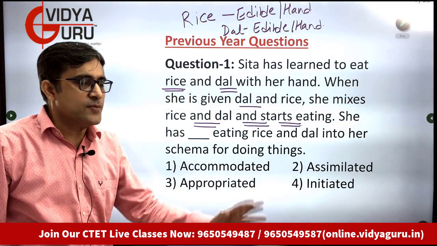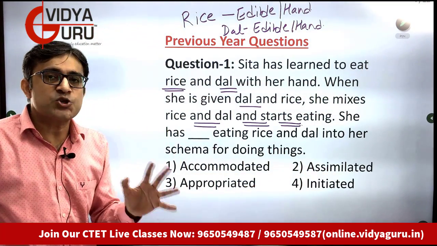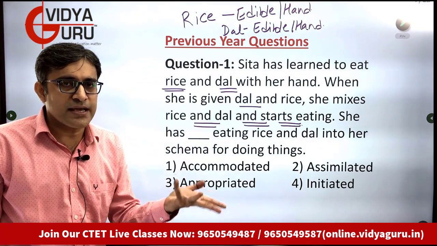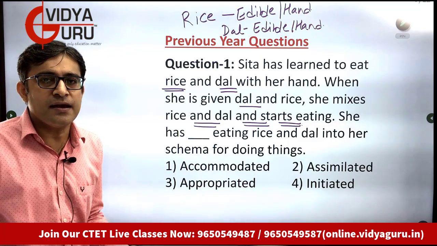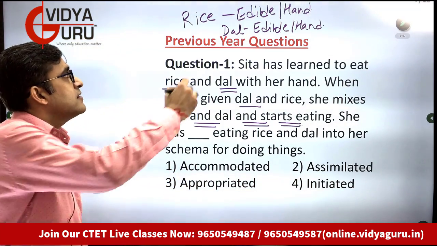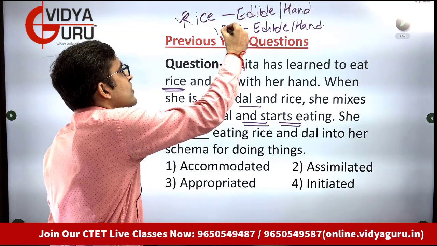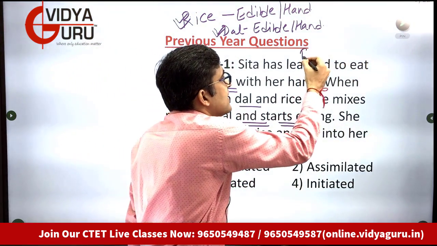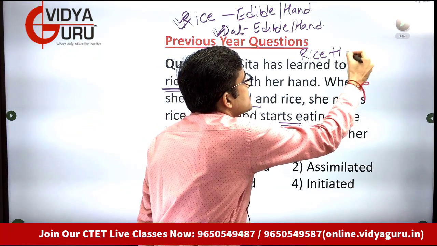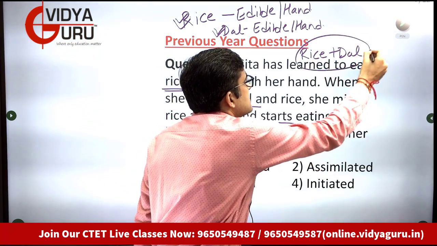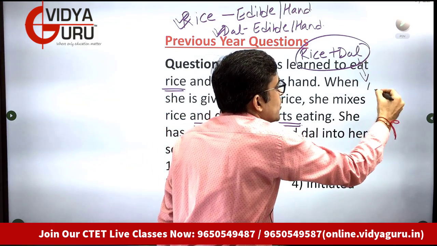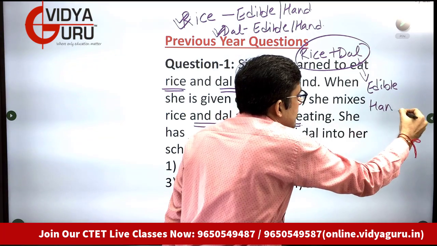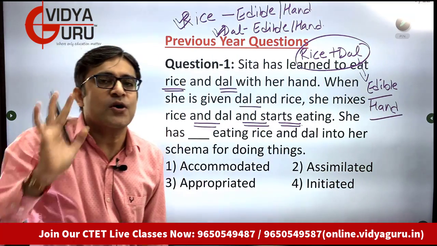Now what happens? The moment she is provided both the things together, she mixes both the things and she starts eating them with her hand. Very simply, the new information. What is the new information? The new information is that rice plus dal, this combination, is also edible, and you can eat it with your hands.